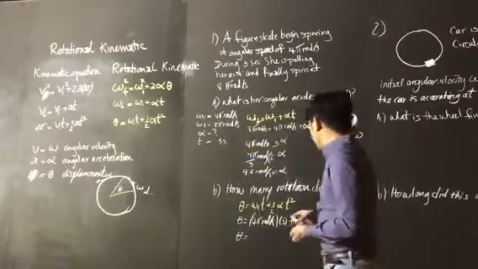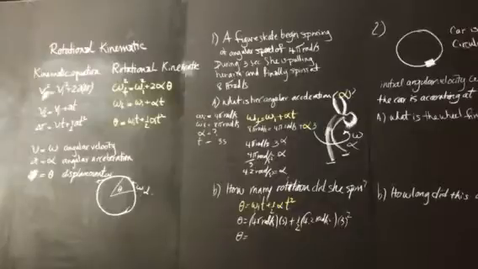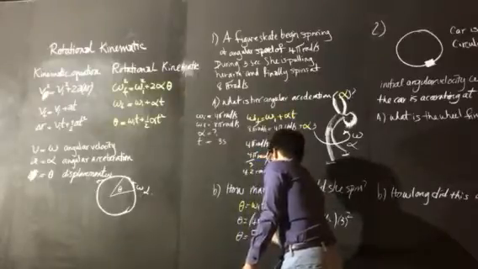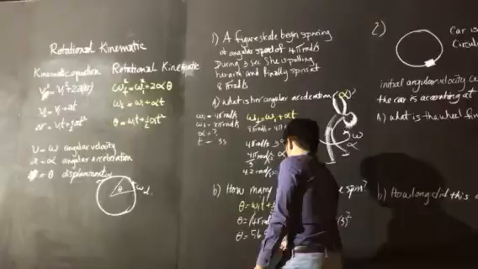So when you compute this one, what number should you get? .59 radians.